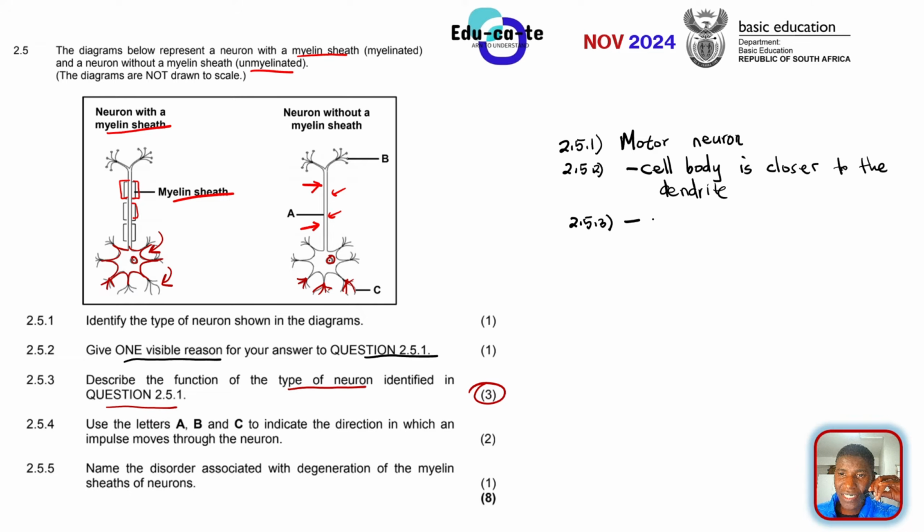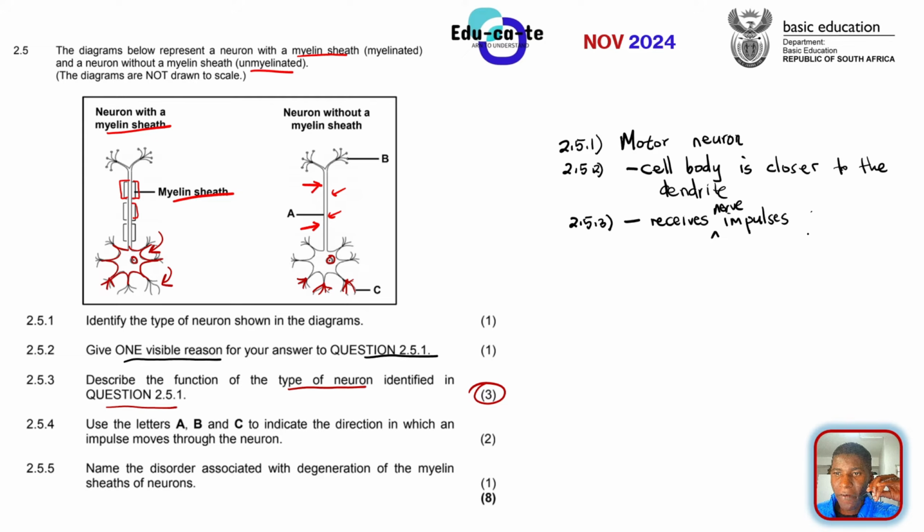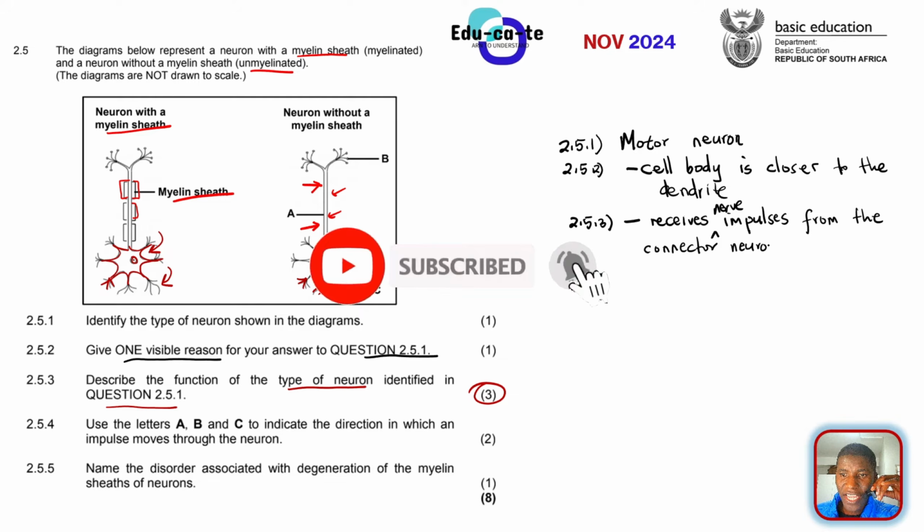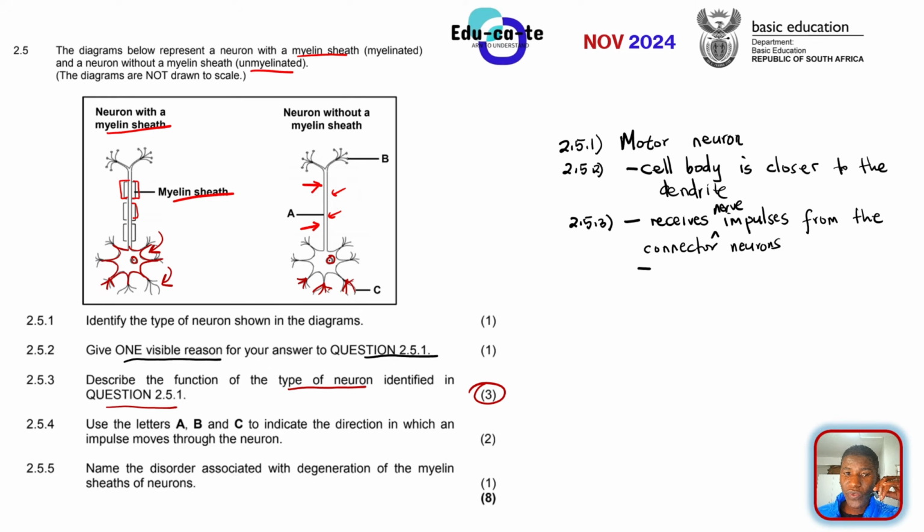So here we say that a motor neuron receives nerve impulses, to be precise, from the connector neuron, or you can say from the interneuron. And then what does it do with those impulses? It transmits them, or conducts them, to the effector muscle or gland.